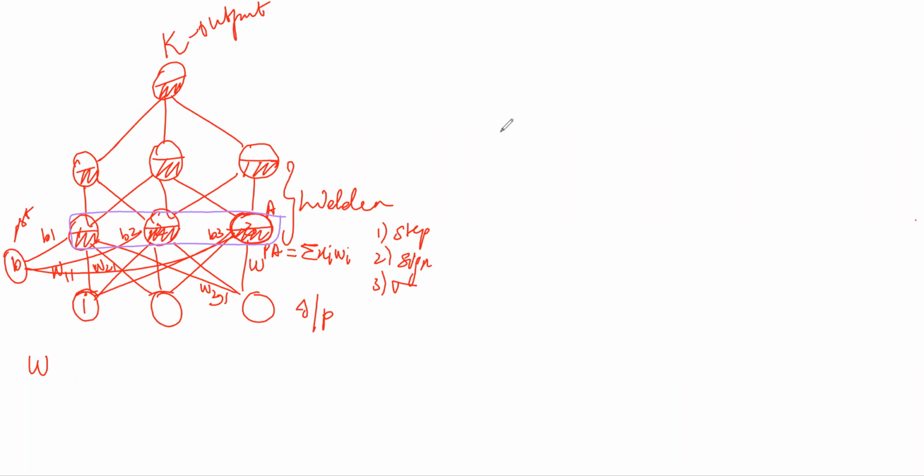How many weights does this have? In your lab program, you saw that, right? You had a 3 cross 3 matrix. How did you get that 3 cross 3? No idea?